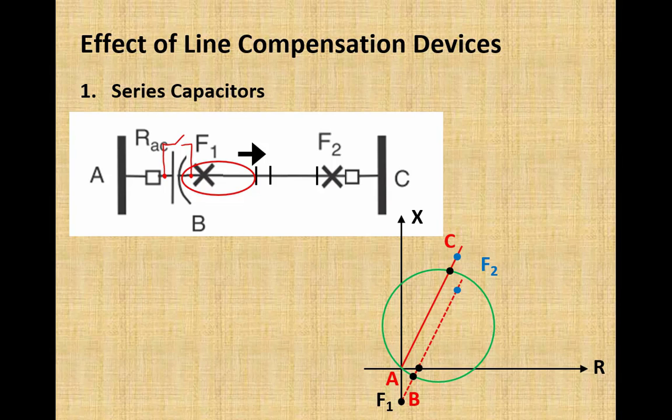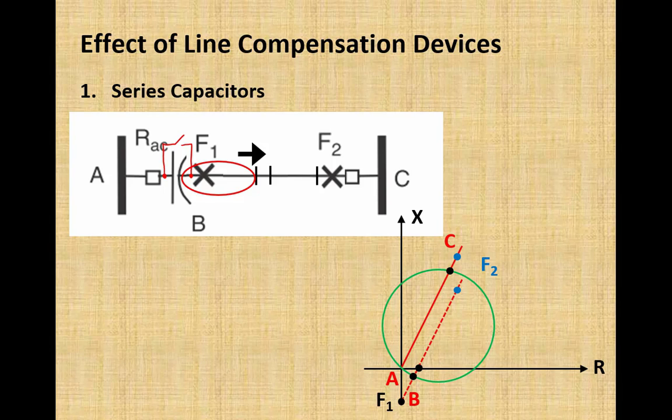In case of this fault F1, we have a dedicated separate protection for the capacitor as well, which we will discuss in chapter number 9, the protection of series and shunt capacitors. So that protection will operate and close this switch to bypass the capacitor from the system, because the short circuit may damage this series capacitor.